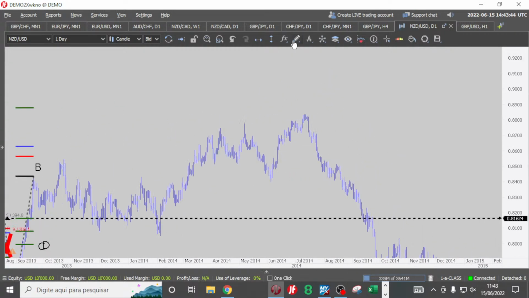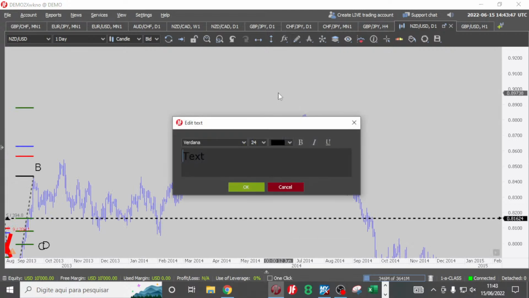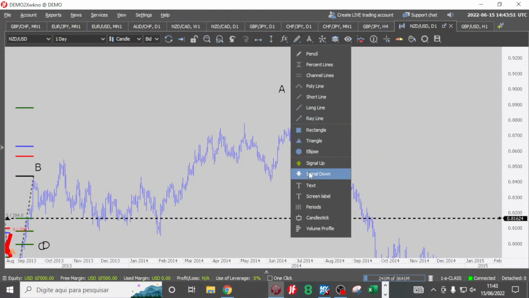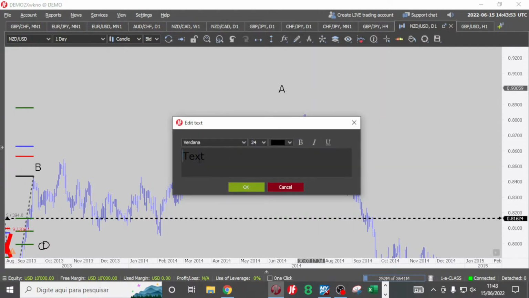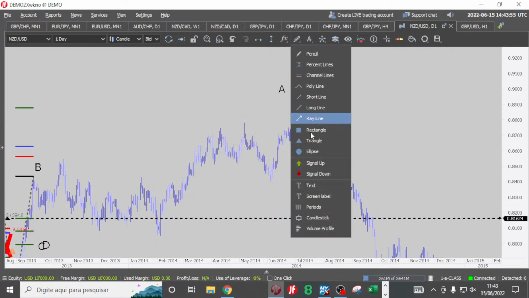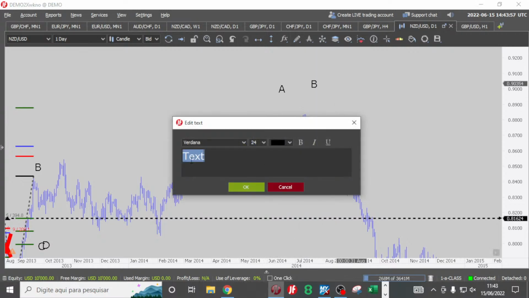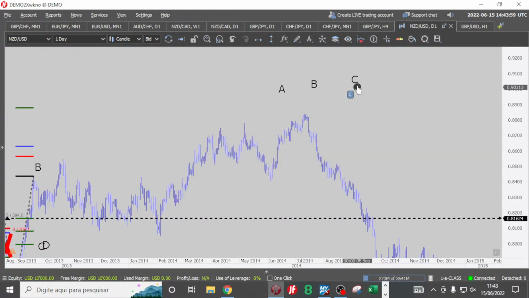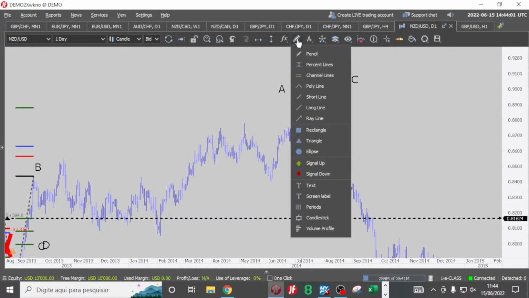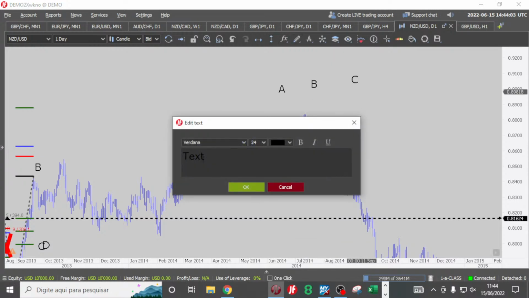So, this is our A up in here one more time. This is our A, this is our double click, this is our B. Text in here, double click, this is our C. Not sure if you're going to finish today, if not tomorrow.